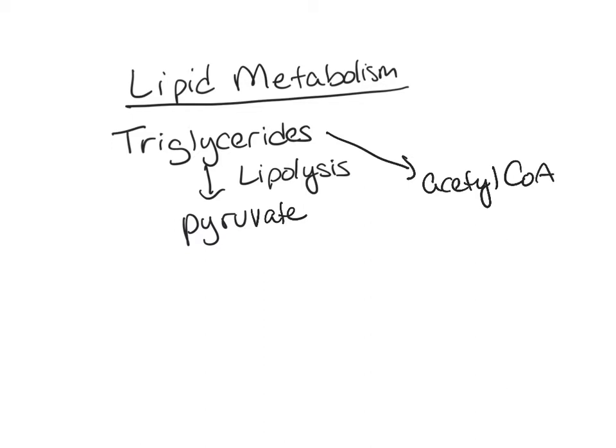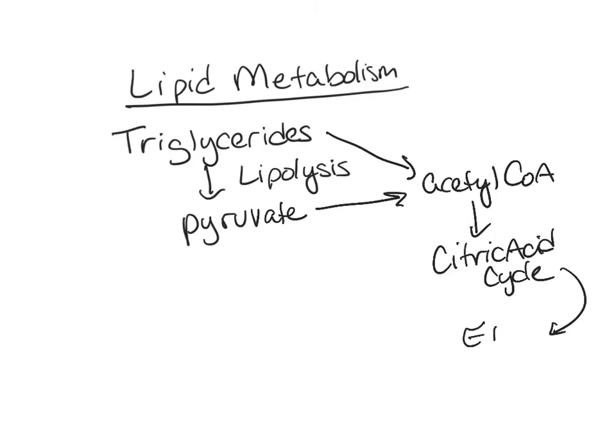If they're broken down into pyruvate, pyruvate will be broken down into acetyl-CoA, just like we saw in glycolysis where a carbon is removed, and then acetyl-CoA will move into the citric acid cycle. Then all the hydrogen from the citric acid cycle will be taken to the electron transport system to create the conditions to make ATP. So let's take a look at what a triglyceride is.